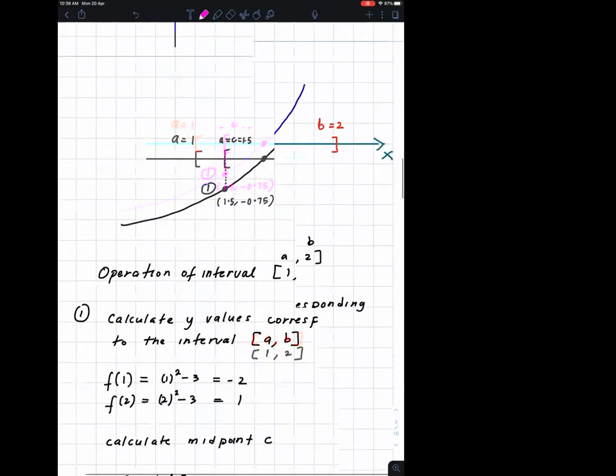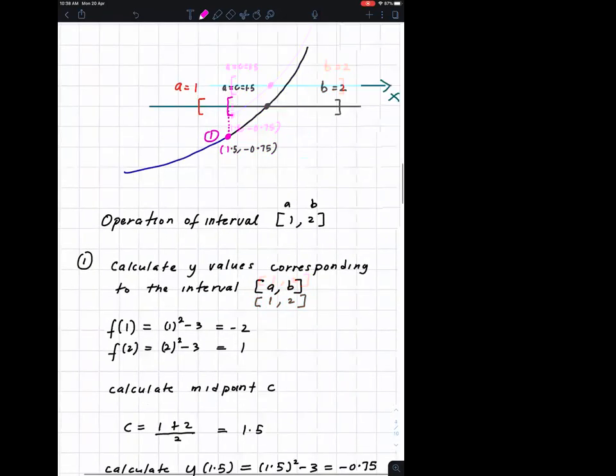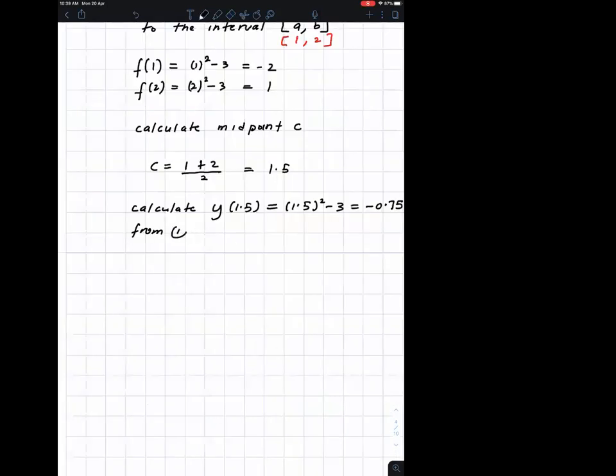From point 1, it is understood that 0.75 is below the x-axis.